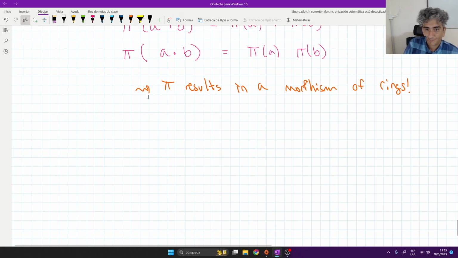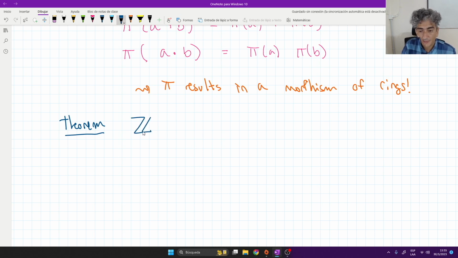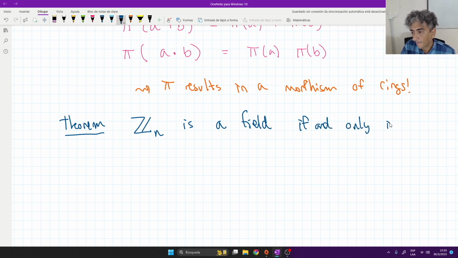And the thing is, and this is an important observation, theorem: Z sub n is a field if and only if n is a prime number, right?